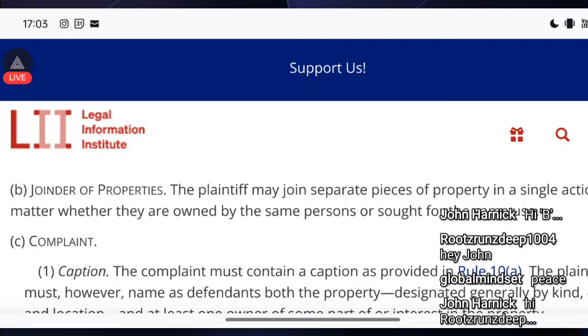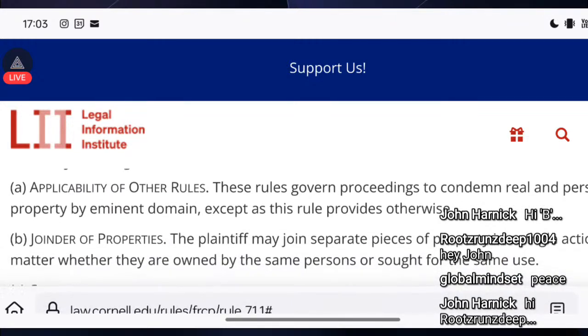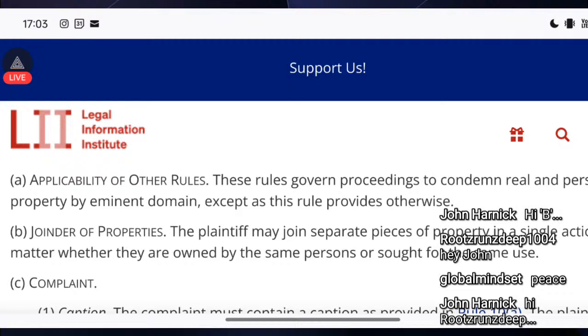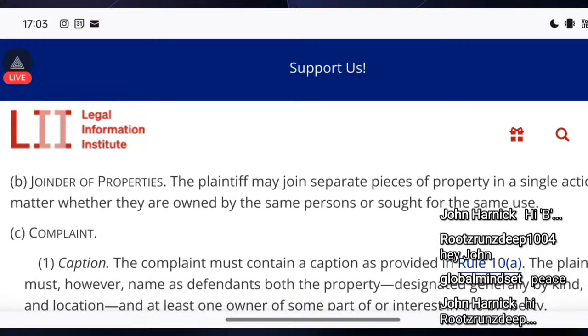So it says real and personal, right? So what if they conjoined the real and the personal? So personal intangibles and real collateral. So the plaintiff may join separate pieces of property in a single action, no matter whether they are owned by the same persons or sought for the same use.